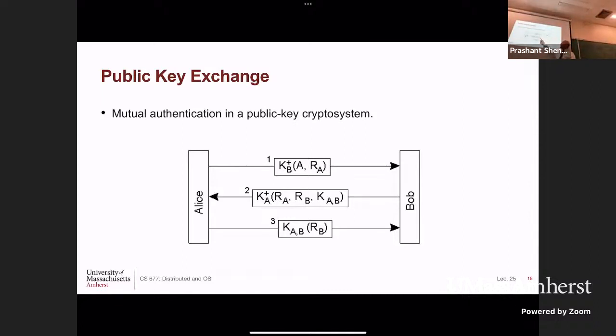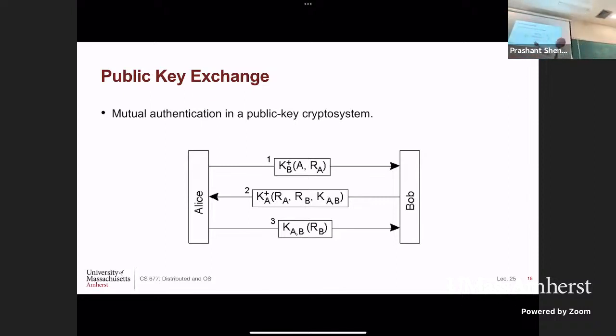Bob will then send back a message to Alice saying, okay, I have your nonce, that's R. I'm going to send you another nonce that I generated. I also generate a session key KAB and send it back. That was encrypted using Alice's public key, so only Alice can decrypt it.